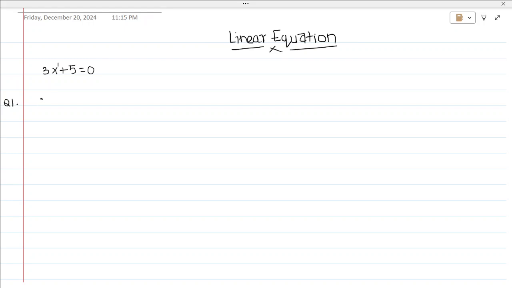So in this question, suppose it is asked to solve a question like 3x minus 5 is equal to 2x plus 8.